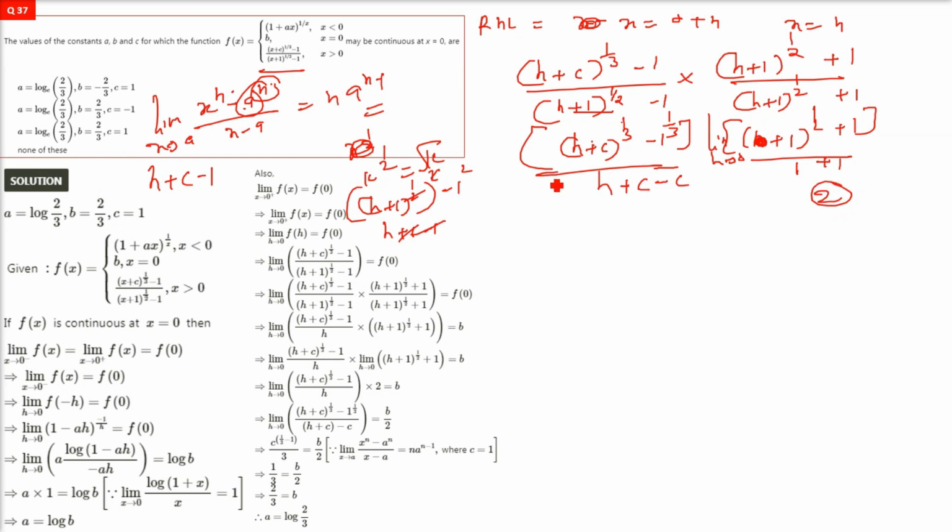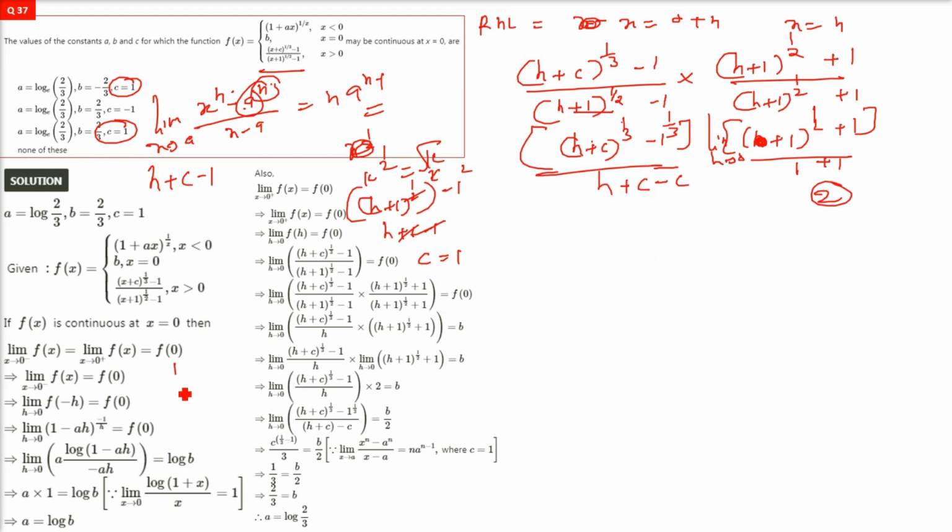But here we have h plus c to the power 1 by 3 minus c to the power 1 by 3. So in order to make it x raised n minus a raised n by x minus a, we need x minus a in the denominator. So h plus c minus c we need. But since in the options of the answer c is equal to 1, so I am talking about c equals 1 here.